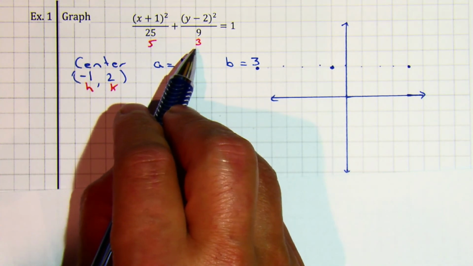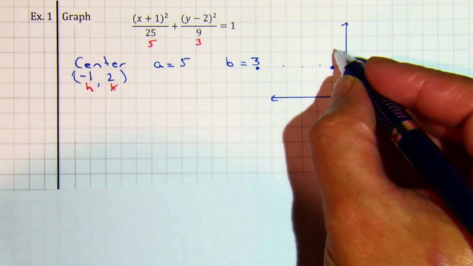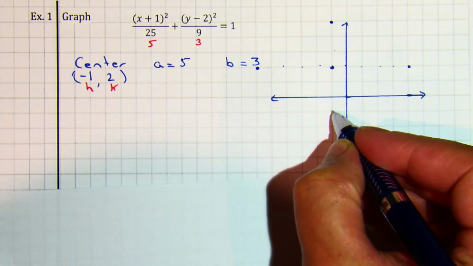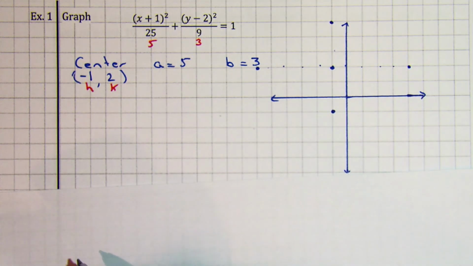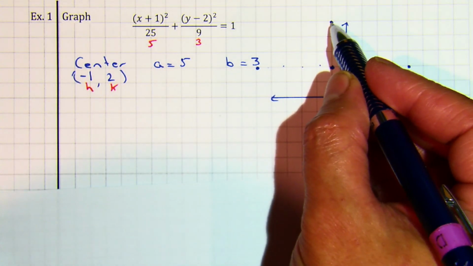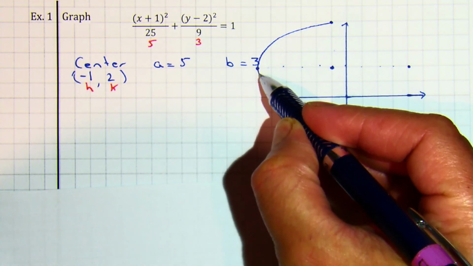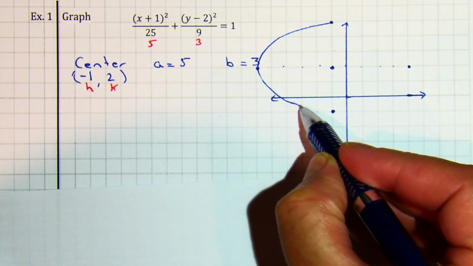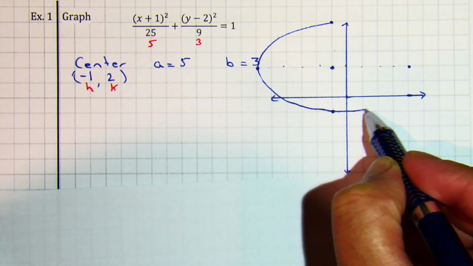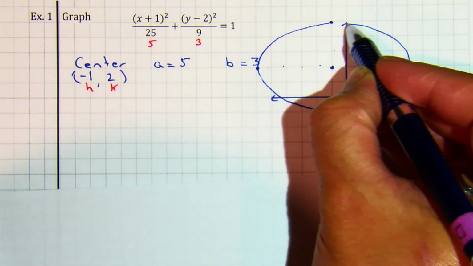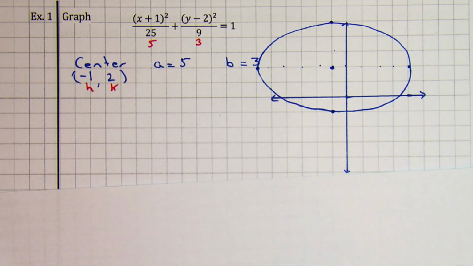Because it's under the Y, I'm going to have to go up and down. 1, 2, 3. And now we just connect all 4 points, and we make a perfect ellipse. It has to be rounded. And that is our ellipse.